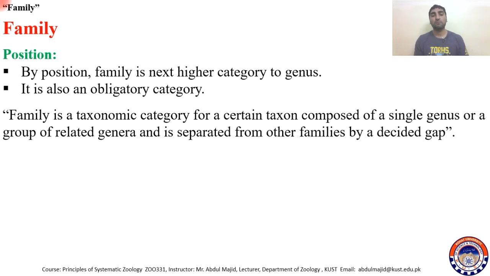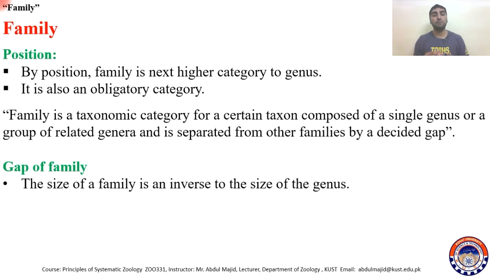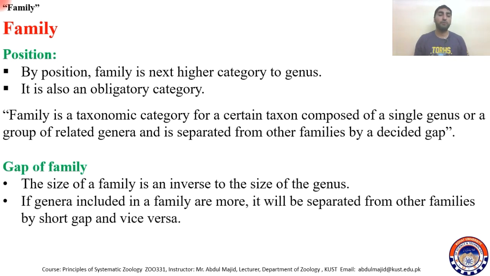Now one family is separated from another family by a decided gap, and the gap of the family is inverse to the size of the family. As we discussed previously, if the genera included in a family are more, it will be separated from other families by a short gap, and vice versa.